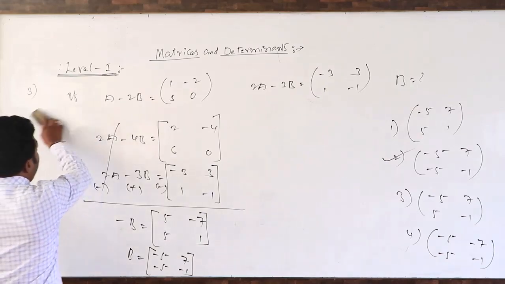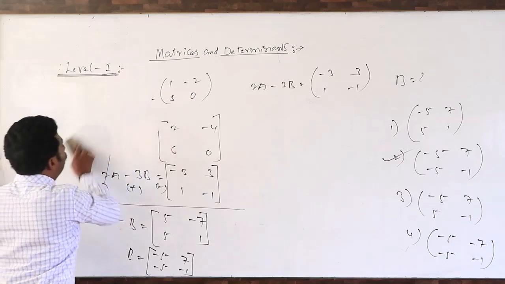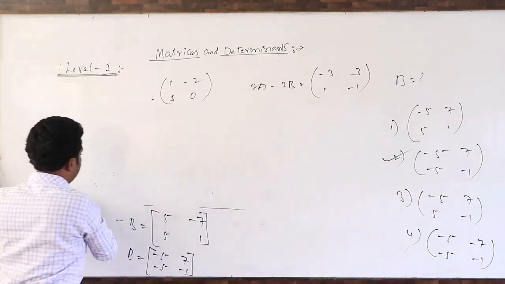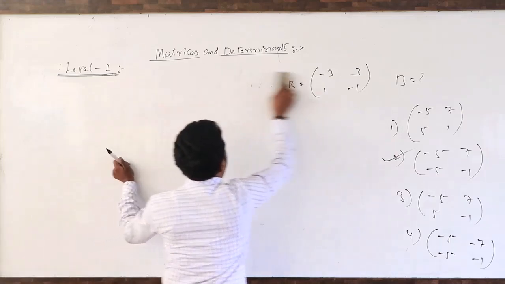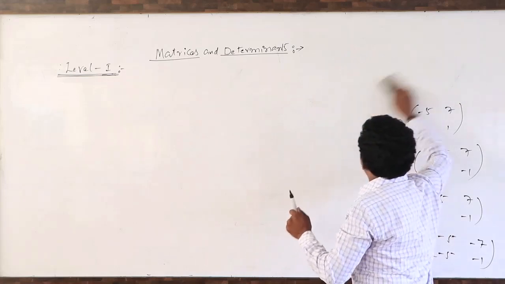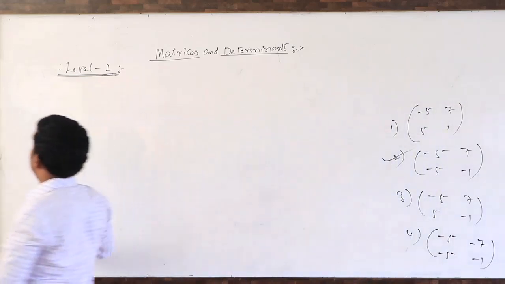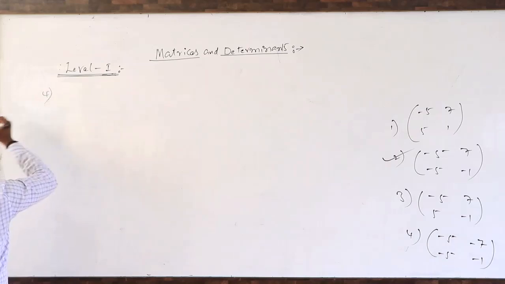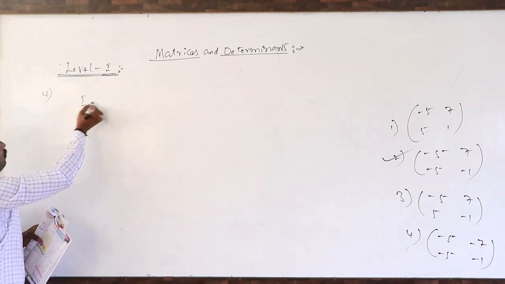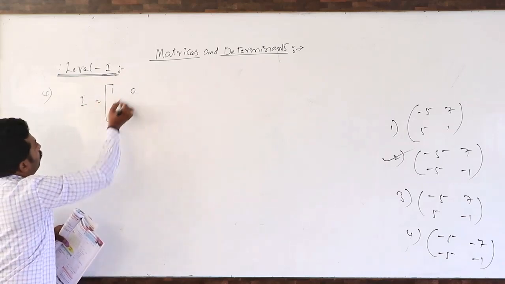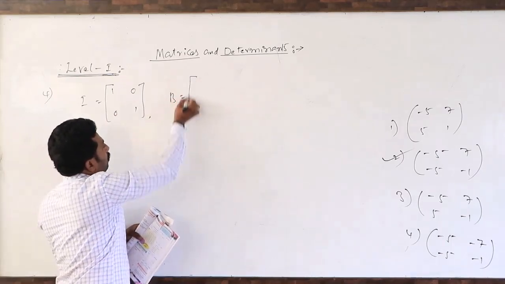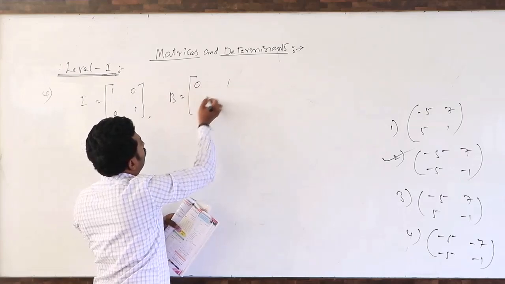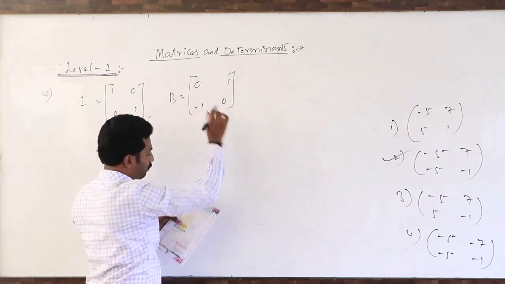Question number 4. The question they are asking: if I equal to 1, 0, 0, 1, identity matrix, B equal to 0, 1, minus 1, 0.